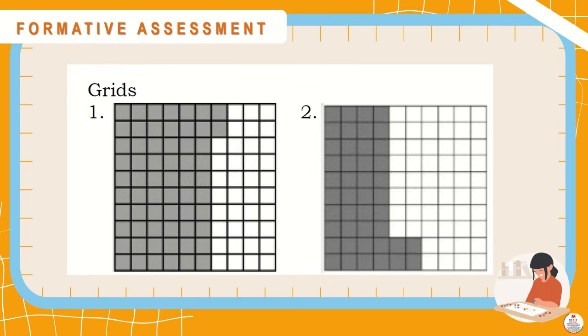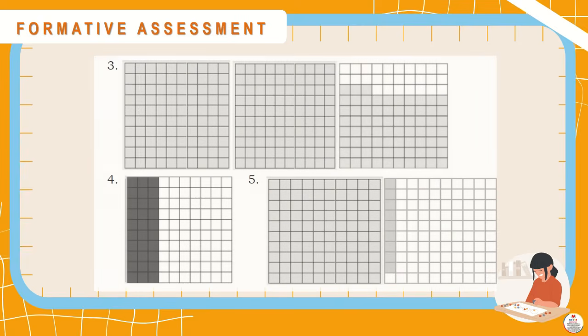We have the first and second grids. For number 3, 4, and 5.